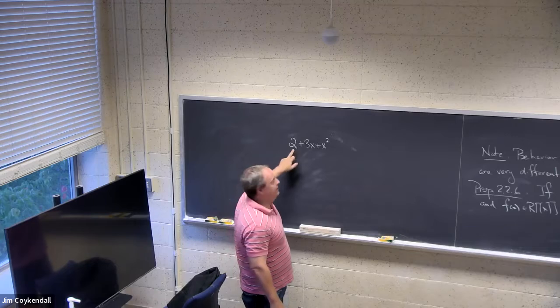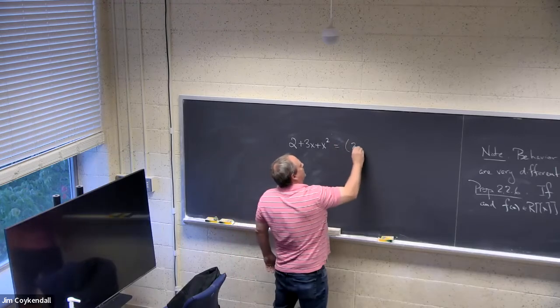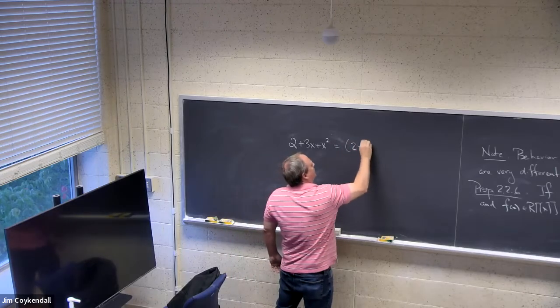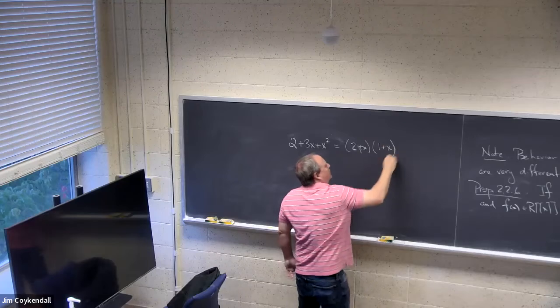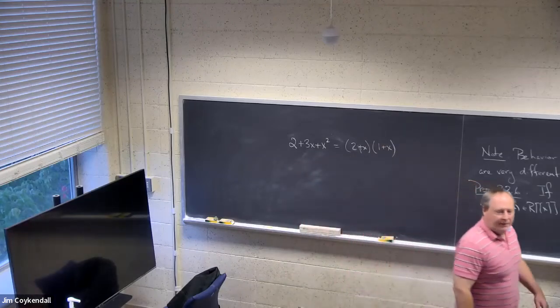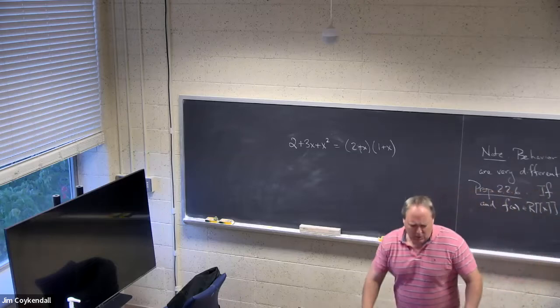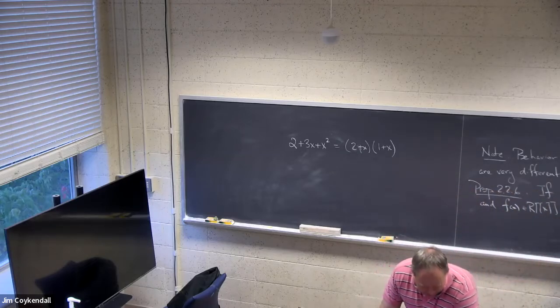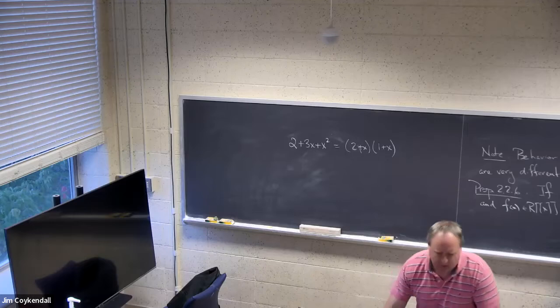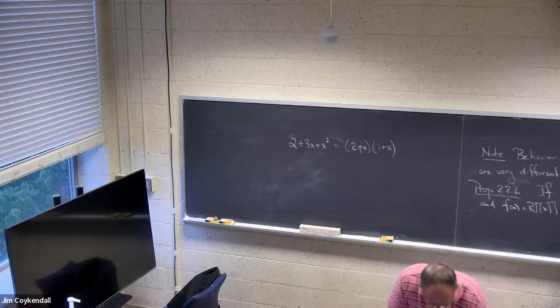In fact, it's even prime. But there you go, it factors non-trivially into two polynomials. And notice, of course, the catch is that the second polynomial factor, as a power series, is a unit. All right. Okay, any questions on that? Okay.